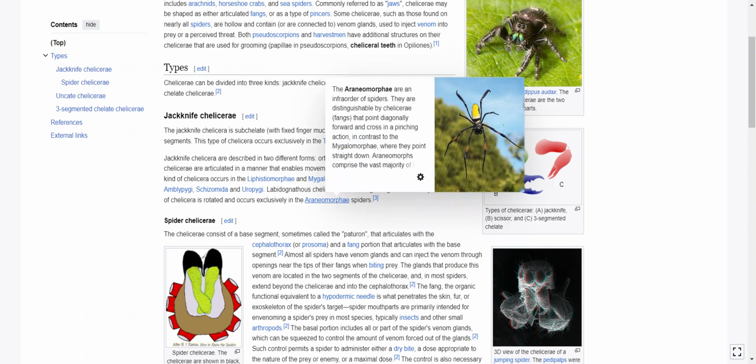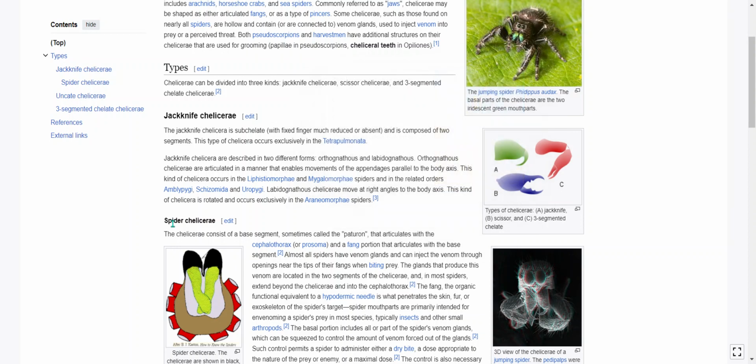So basically, it just means that their fangs either move in front of them, up and down and towards the body, versus like pincers on the good old Pincer Pokemon. They move inwards, as opposed to up and down. They move out to in, if that makes sense.